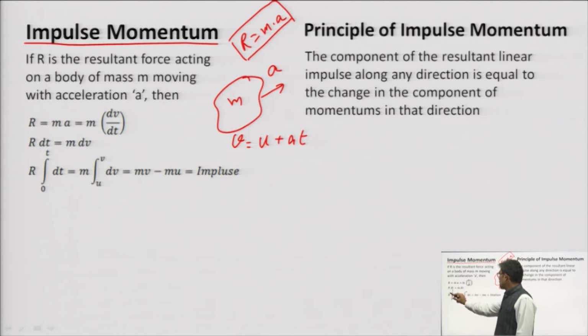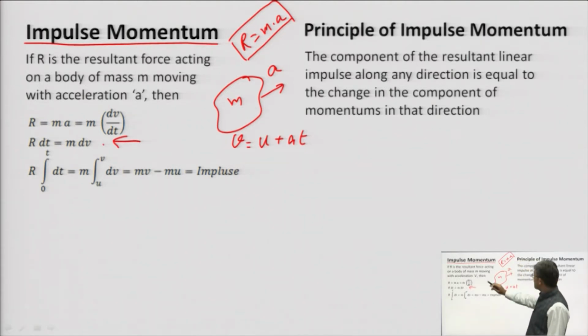Therefore, R into dt is equal to m into dv. And if we integrate both sides, R will be constant on the left-hand side, since m is constant and a is not going to change for uniform acceleration.